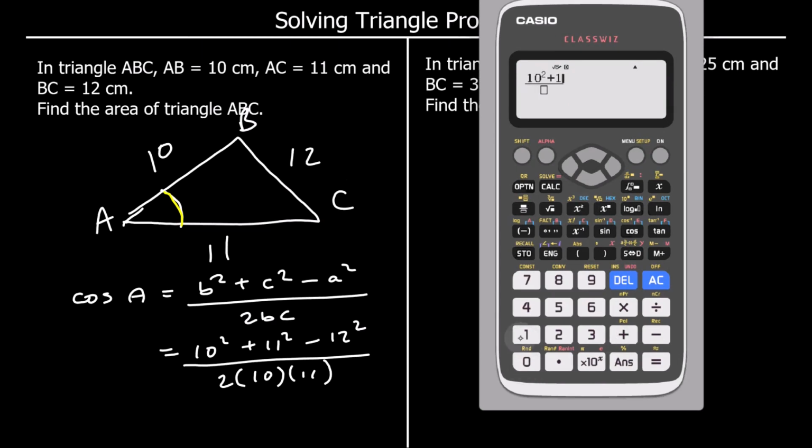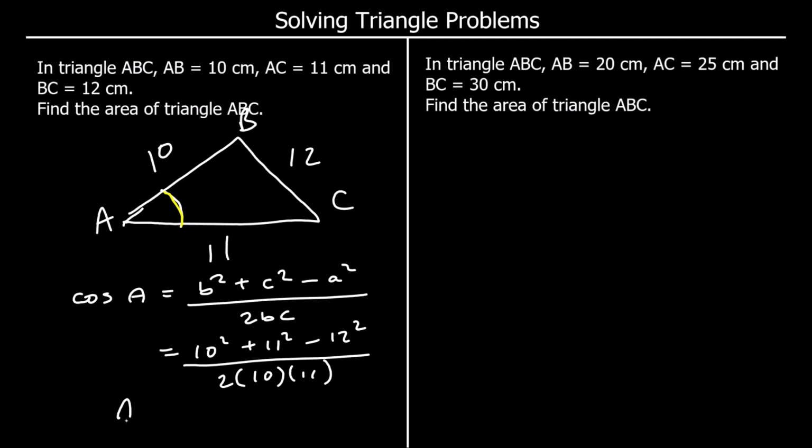We have 7/20. Shift cos, the answer, 69.5. So angle A is 69.5 degrees.